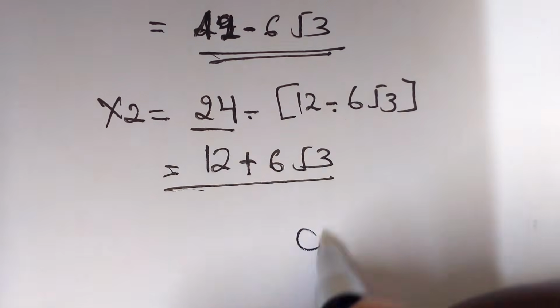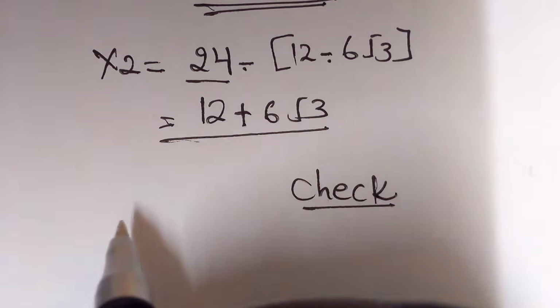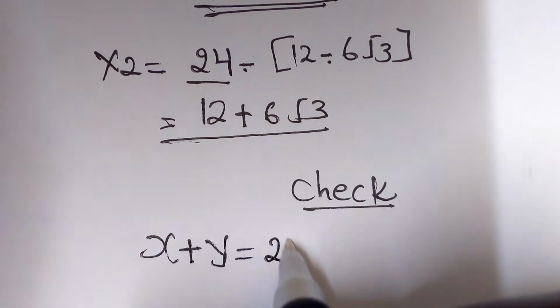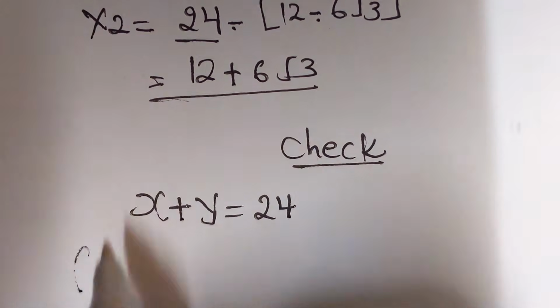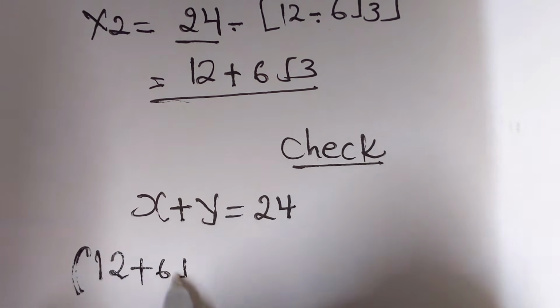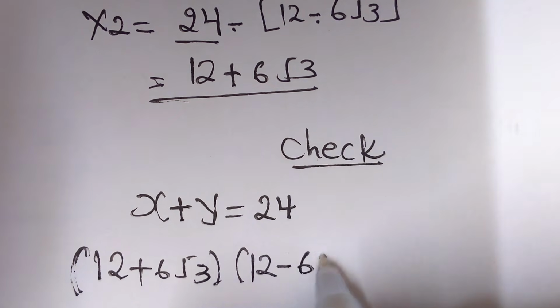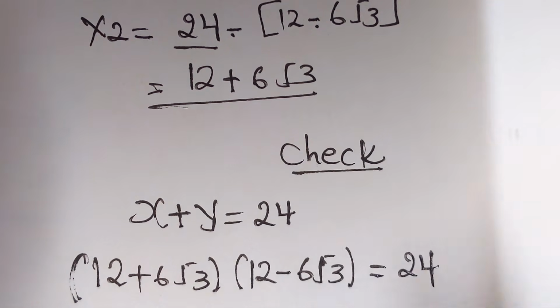Here we can check if our answer is correct. Then x plus y equals 24. We have x equal to 12 plus 6 square root of 3, and y equal to 12 minus 6 square root of 3, which should equal 24.